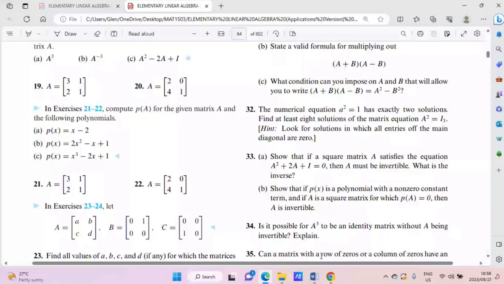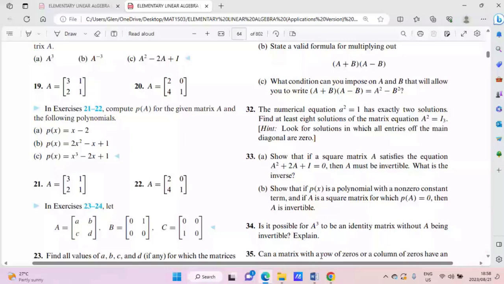An identity. I'm going to write the identity as it is, which is 0, 1, 0 for the first row. The second row is 0, 1. Then from here we start with the first one and subtract it from the second one: 8 minus 2 gives me 6.